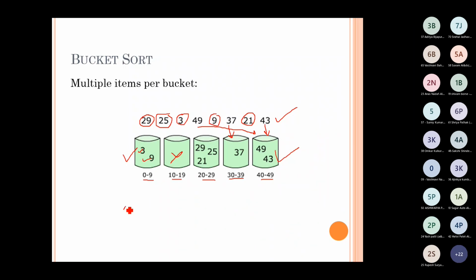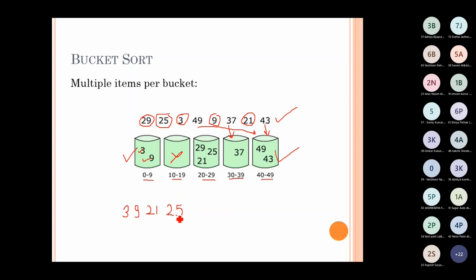So first bucket sorted, all the elements of the first bucket are sorted, so we will take all those elements and concatenate them with the second bucket. Second bucket has nothing, go ahead, that is concatenated with the third bucket. So the third bucket's result, if it is already sorted inside the bucket itself, will be 21, then 25, then 29.